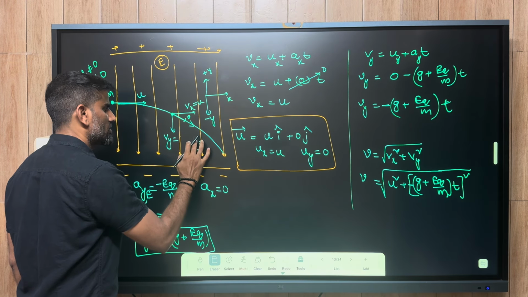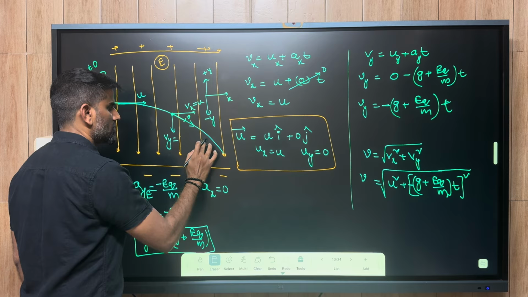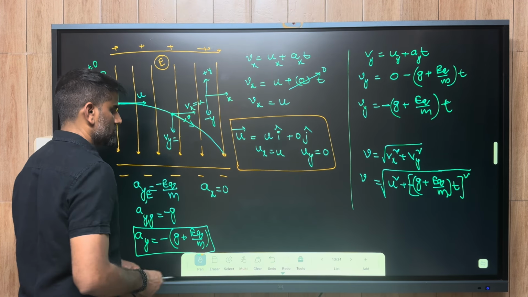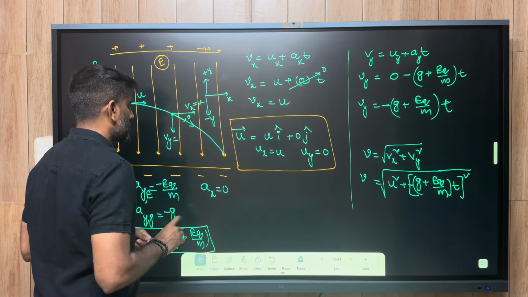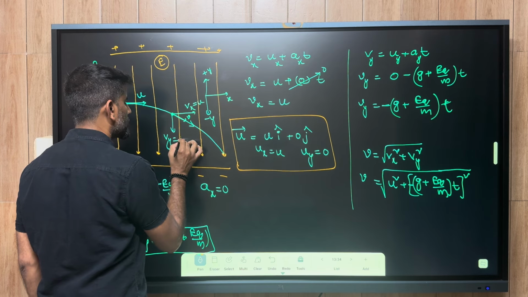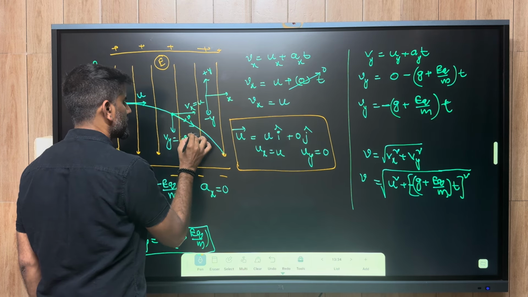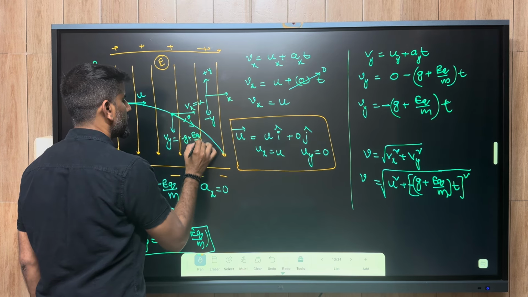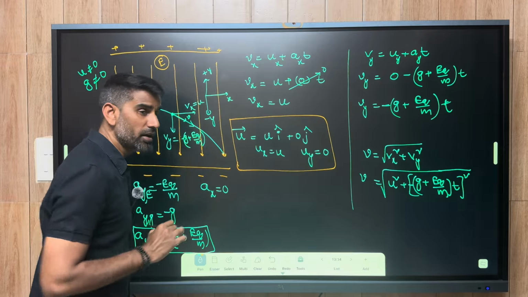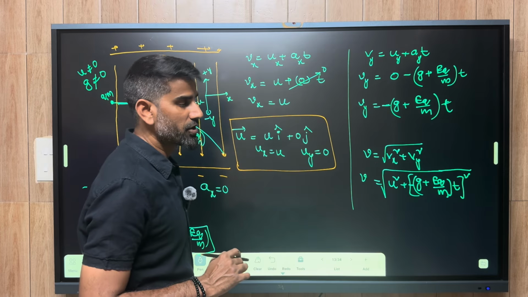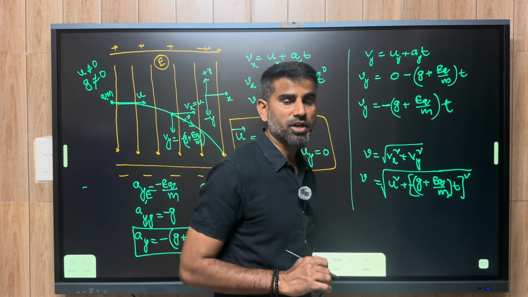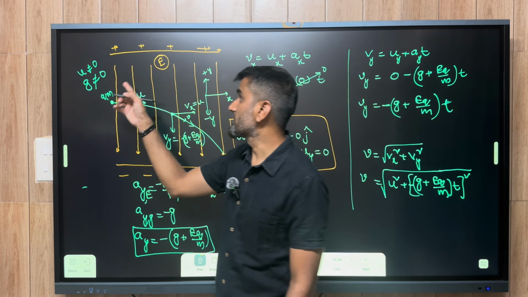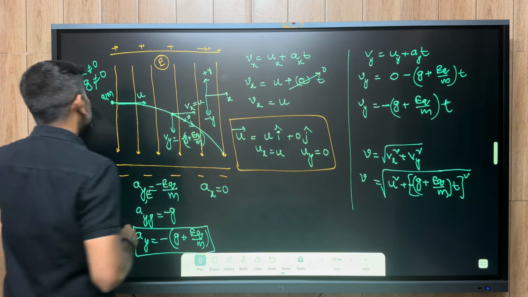But vy has changed. So vy is equal to minus g plus eq by m. This is the y component of velocity of the charged particle for the given case. Do not forget the case.